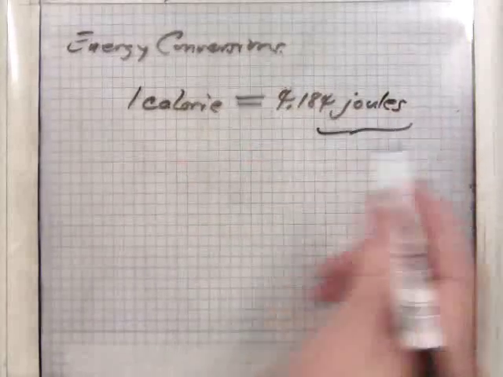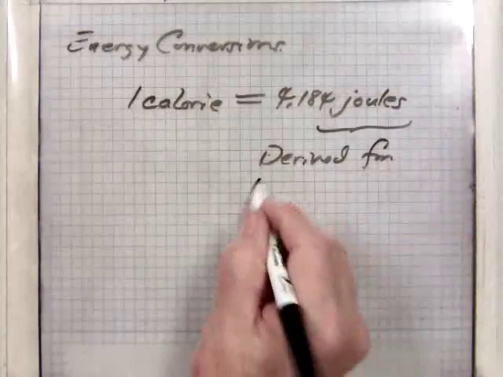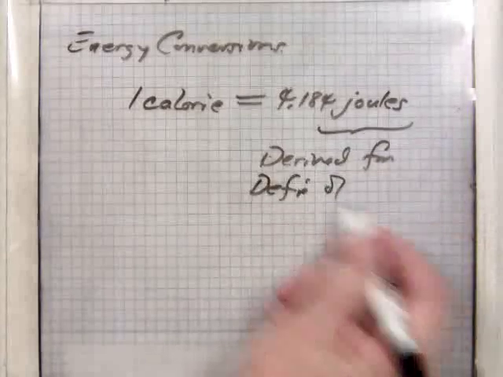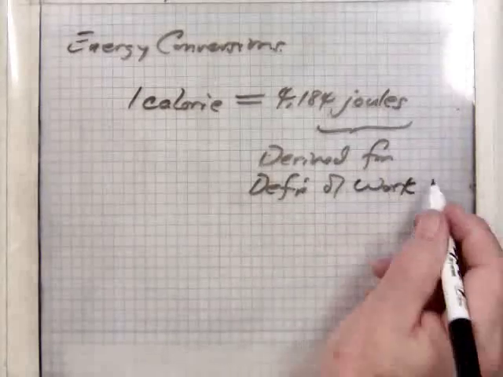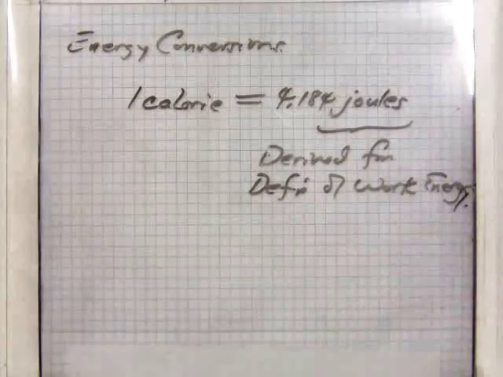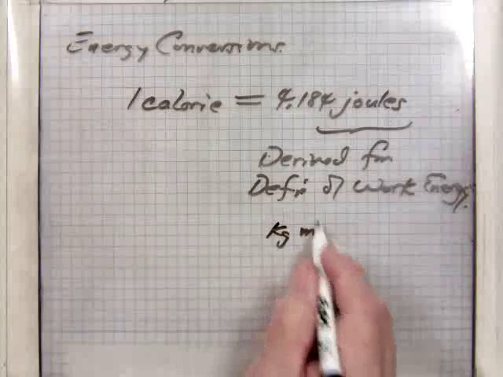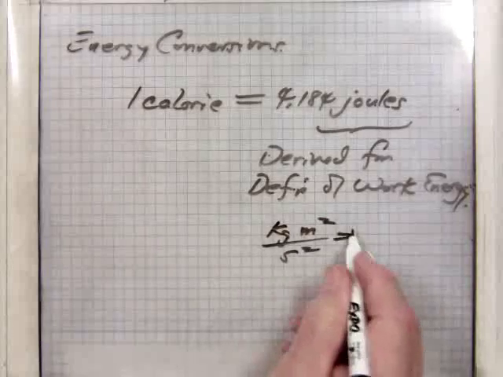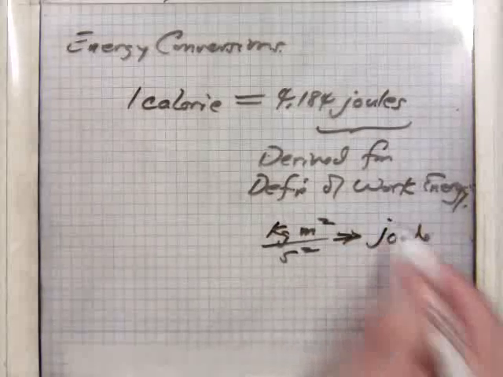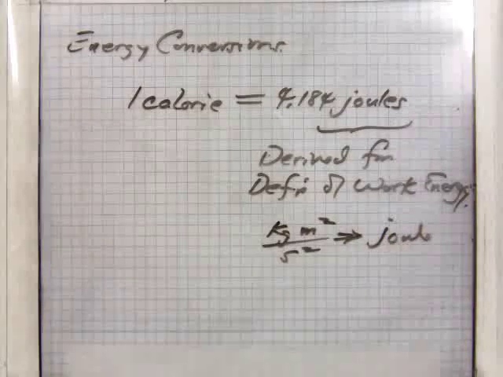And the joule is derived from the definition of work, or work energy. You can go back in the notes and look that up, if you need to. I won't make a big issue out of that. But it's a complex unit, kilogram meter squared over second squared is the joule. Just as a footnote, it came out of the definition of work, force times distance.